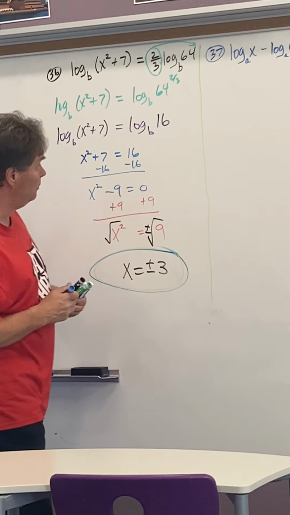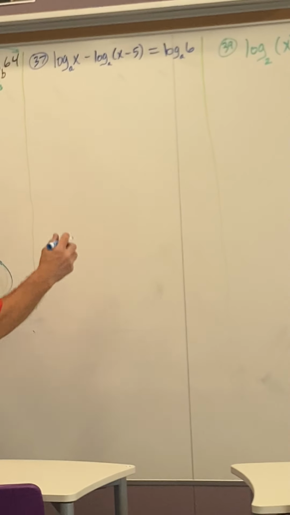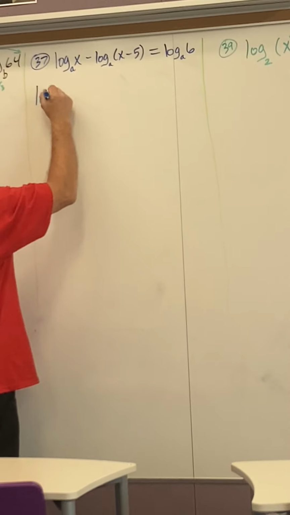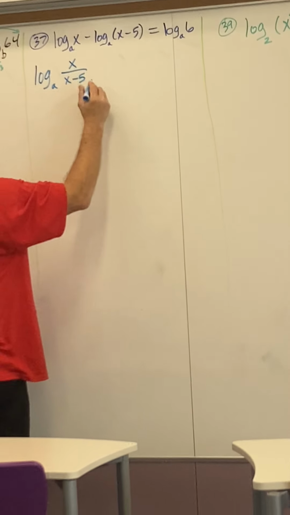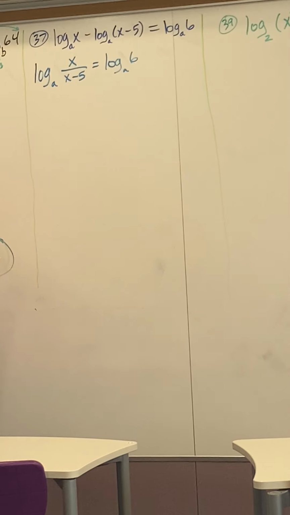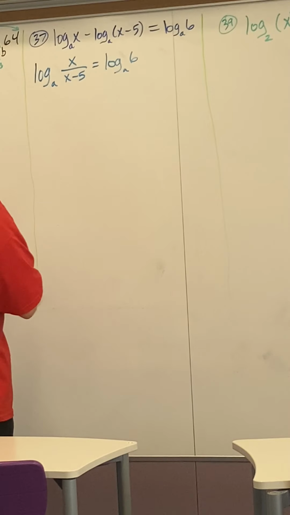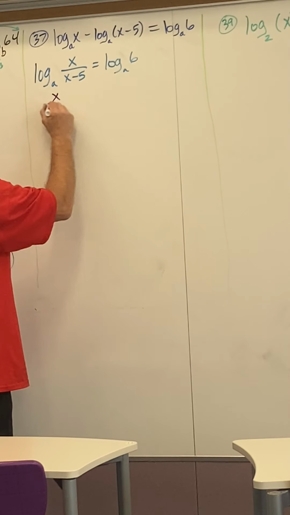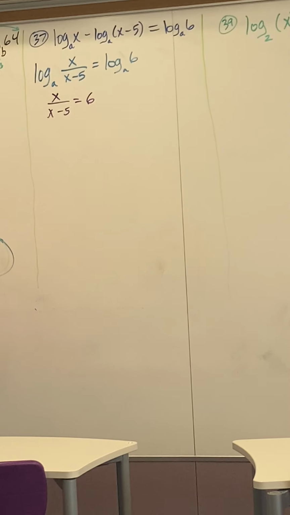Okay, how about this one? There's a subtraction, so I'm going to make that a log of division. I'm going to squeeze them together and get log base a of x over x minus 5 equals log base a of 6. Now drop the logs and you get x over x minus 5 equals 6.